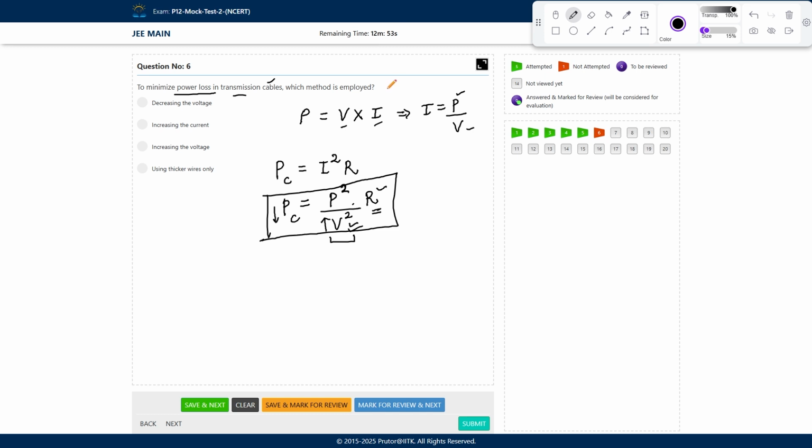We are going to discuss transformer in our upcoming chapters. We use a transformer which further decreases the voltage to a safer level. So what is the correct option to minimize the power loss? We are going to increase the voltage.